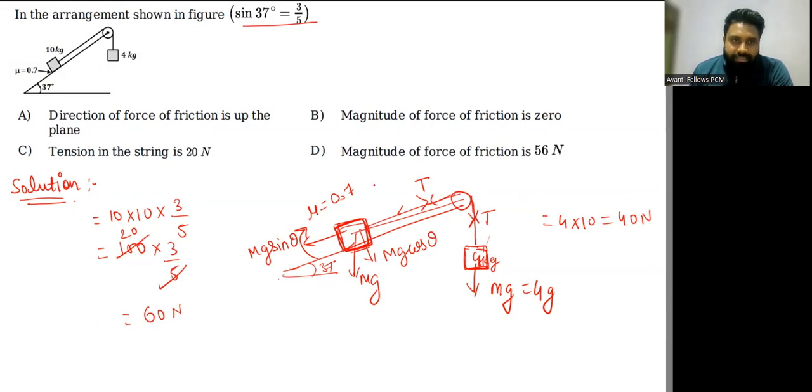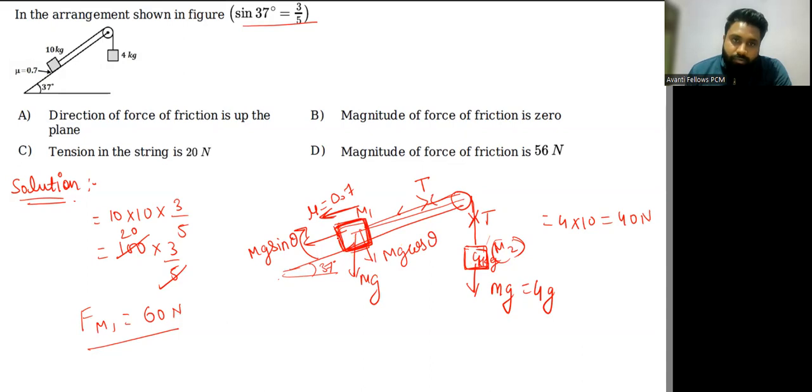So let's say this block is M1, this block is M2. On block M1, the force is 60 Newton and the force on M2 is 40 Newton. So you will see that the net pulling force on the system is in this direction, because it exceeds the value of this one.